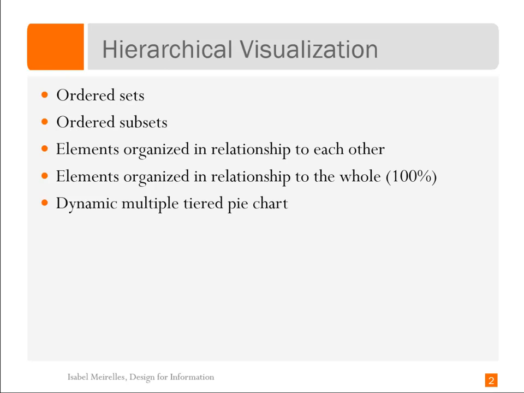And we can think of some forms of hierarchical visualization, particularly the tree map, as a dynamic multi-tiered pie chart. We're going to come back to that concept and explain it, but this just introduces some of the important concepts that are required to do this style of visualization.